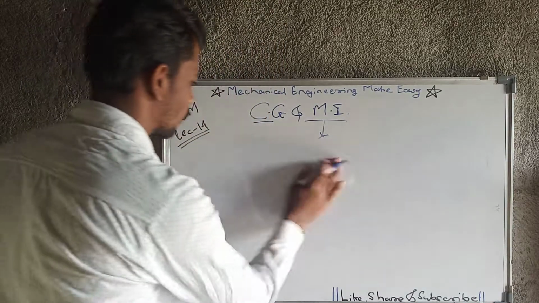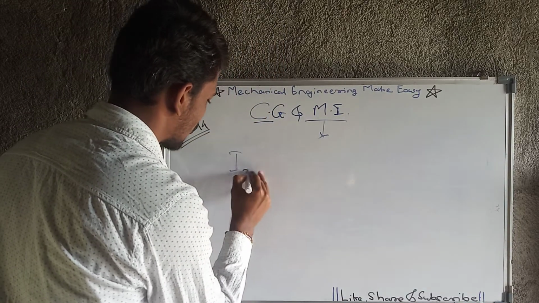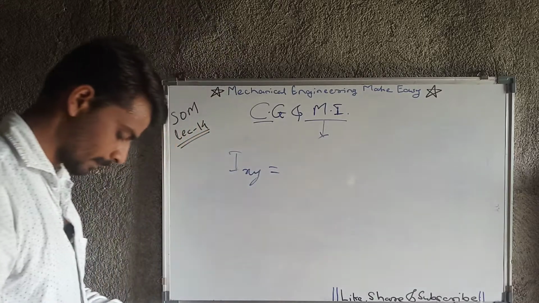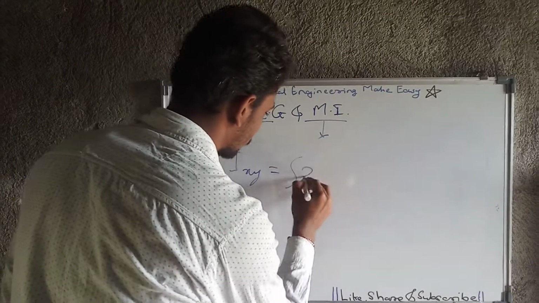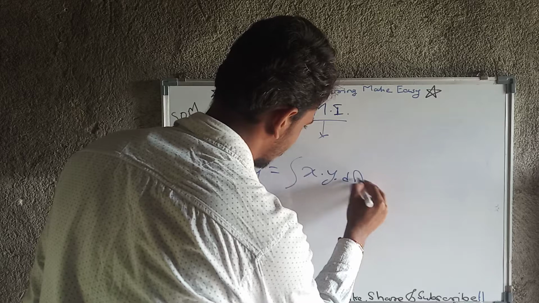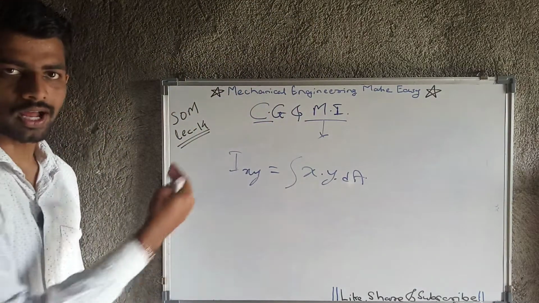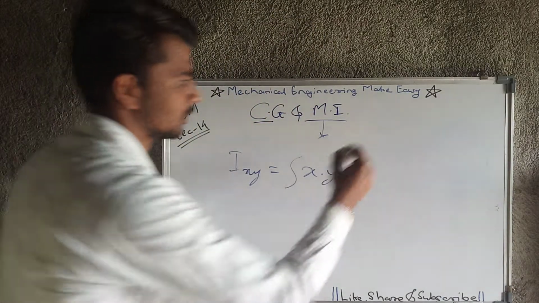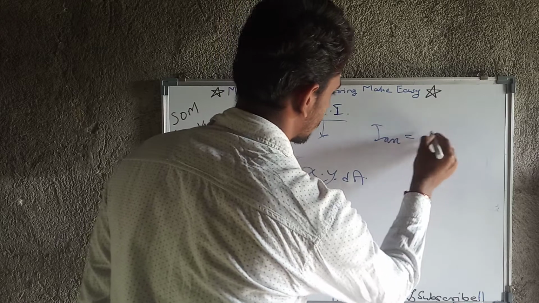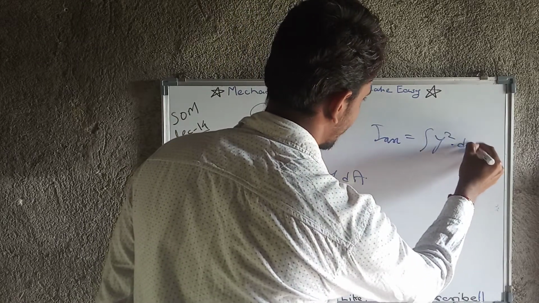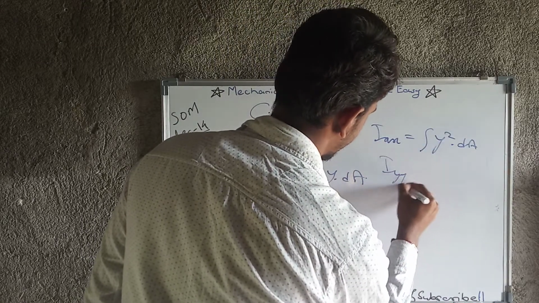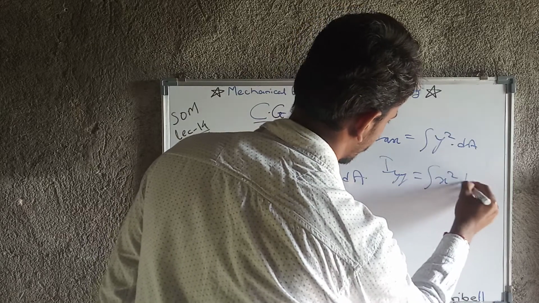For that the formula is Ixy equal to integration of x into y into dA. Up till now the formulas for Ixx and Iyy are Ixx equal to integration of y square dA and Iyy equal to integration of x square dA.